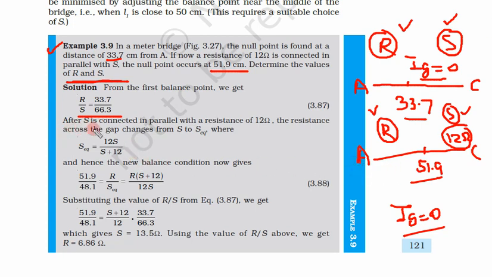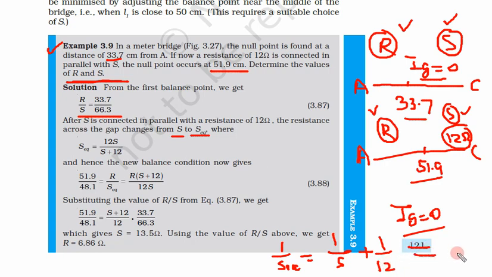Now after S is connected in parallel with a 12 ohm resistance, the resistance across the gap is changing from S to S equivalent. So now we have to calculate the parallel resistance. From the parallel resistance formula, 1 upon S equivalent is equal to 1 upon S plus 1 upon 12.